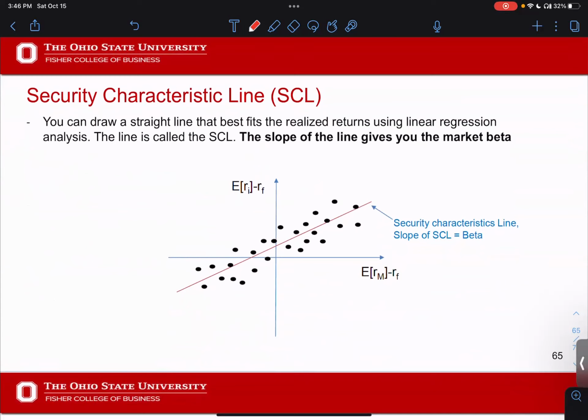This line will have a slope of beta, and here alpha is the intercept. We call it the security characteristic line. It's coming from the data. Again, the slope is giving you the market beta of this individual stock.